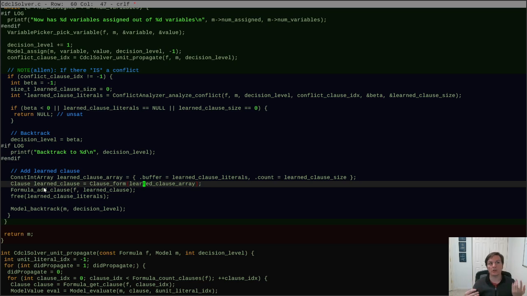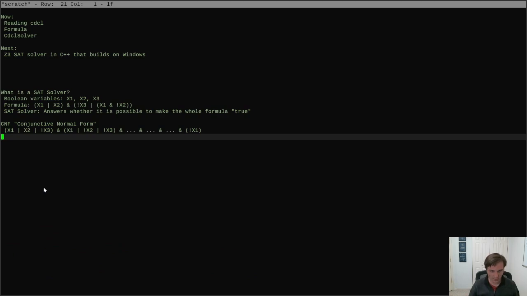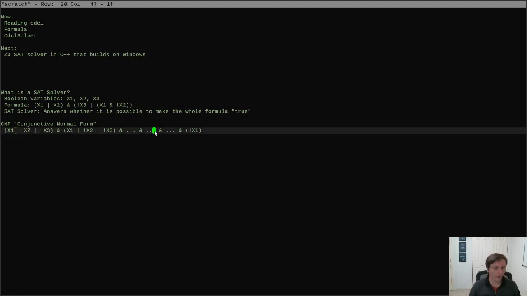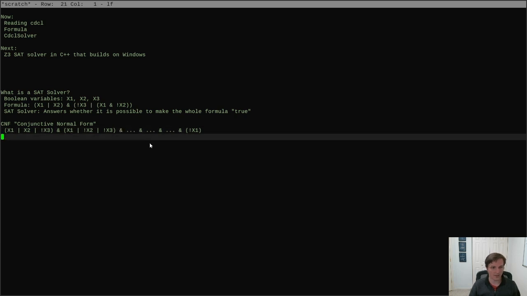Interesting. So it's learning. Okay, what I'm getting from this, I don't know how it works yet, but the structure I'm seeing is that we've put in a formula to begin with that's made up of these clauses. And when it runs into a conflict, it analyzes the conflict and figures out how did this happen. And it then either says there's no way to get around it, we can't finish this formula, it's unsatisfiable, or it learns something, and it learns something in the form of a new clause that it can add to the formula.